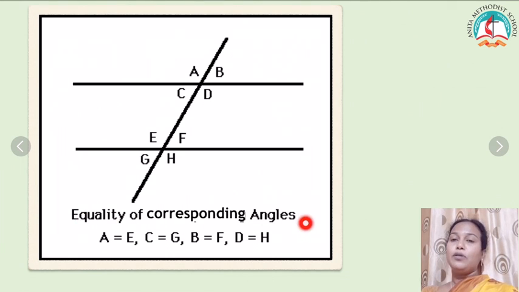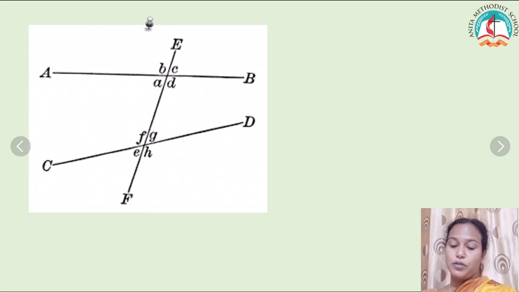Now you have to tell me which are the corresponding angles for this figure. You are going to tell me and I am going to write it over here. Yes, angle C is equal to angle G, correct.